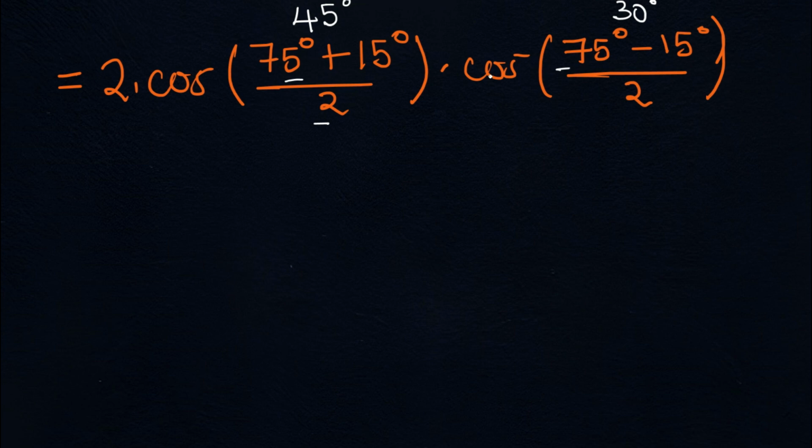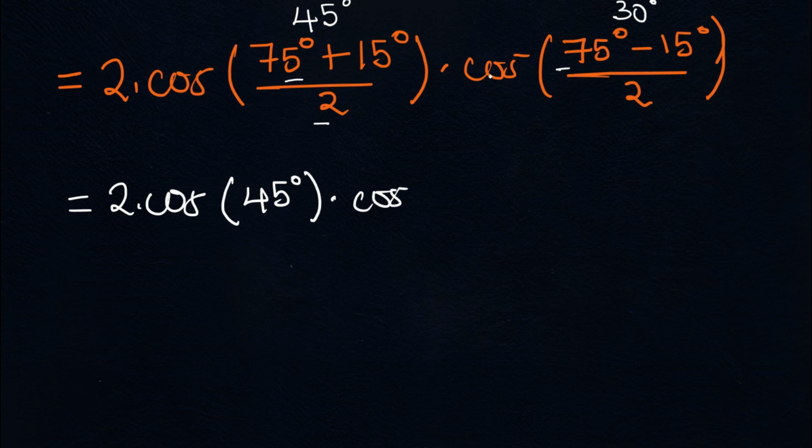So instead of writing whatever we have within the brackets, we are going to write 45 degrees and 30 degrees respectively. So this is going to give us 2 multiplied by cos of 45 degrees multiplied by cos of 30 degrees.